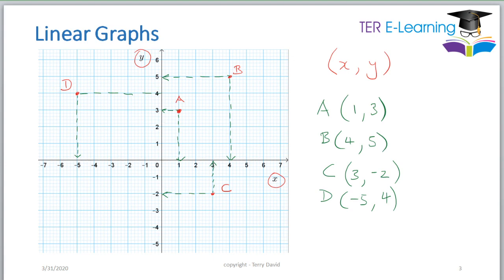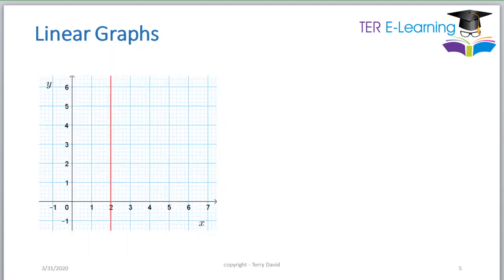Now, this topic we're talking about here is trying to graph linear functions, right? Let's look at something here. We have a Cartesian plane here, and we have a straight line. That's a red line that we are seeing here. That straight line has an equation, and that equation is given by x is equal to 2.